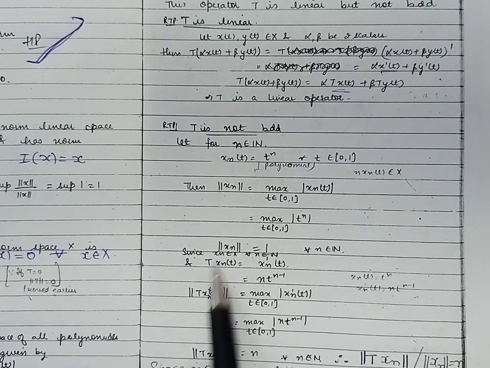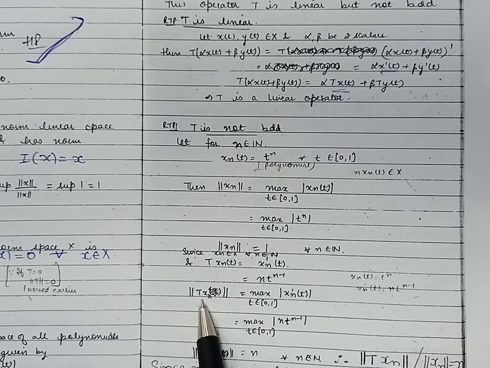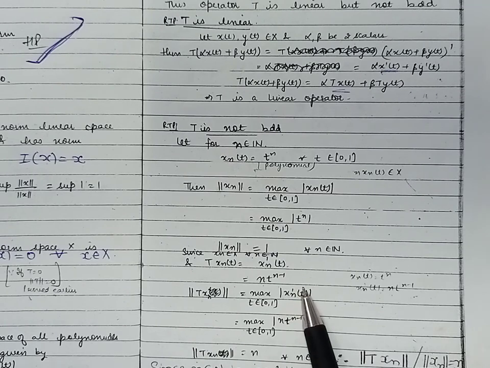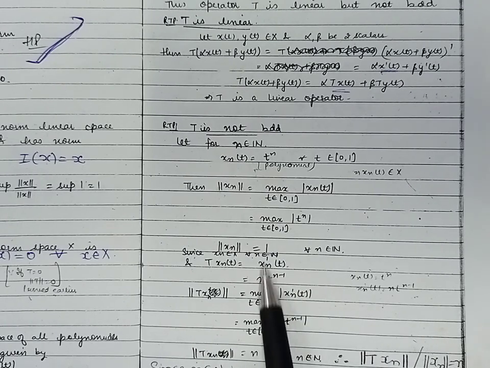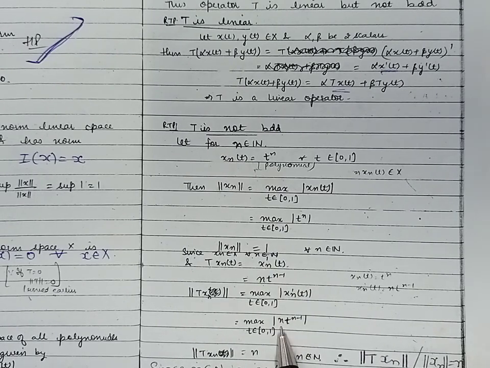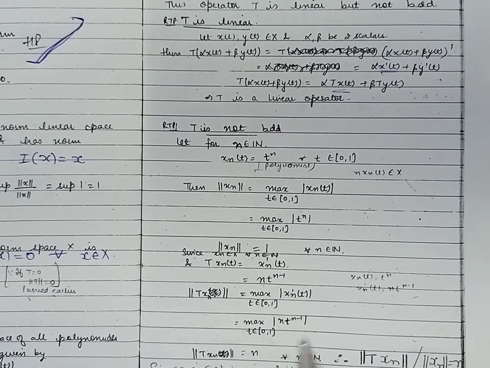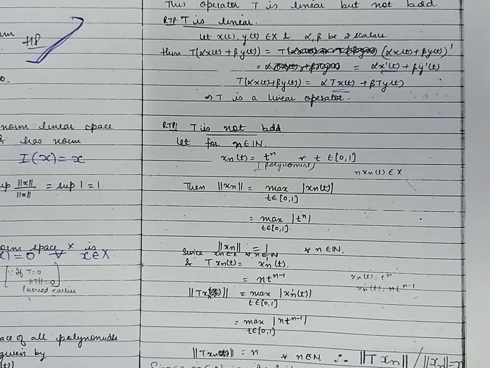Now let us find the norm of the image of xn. By definition of the norm, this is the maximum of mod of xn dash. Substituting the value of xn dash, this is n into t raised to the power n minus 1. Now this maximum value is n.